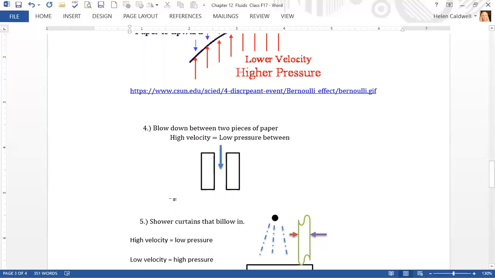And then on the outside, we have a low velocity, so there's a higher pressure. So what happens is you've got a high pressure pushing in on the left and a high pressure pushing in on the right and a low pressure in the middle, and the two pieces of paper will actually come together. And so we will do this in lab.